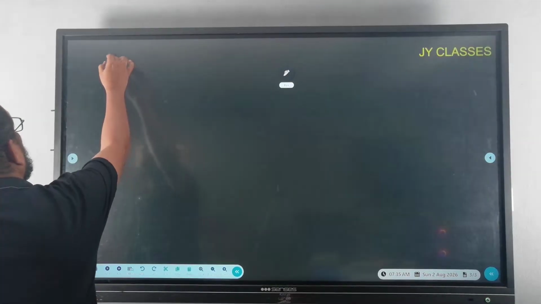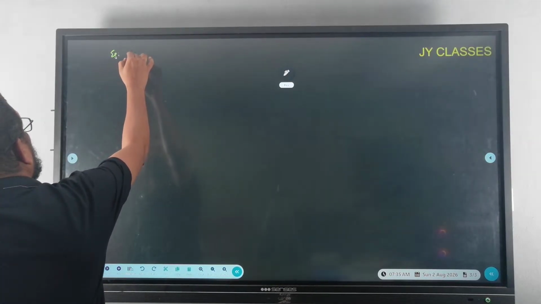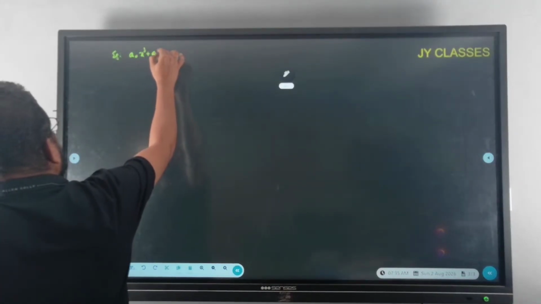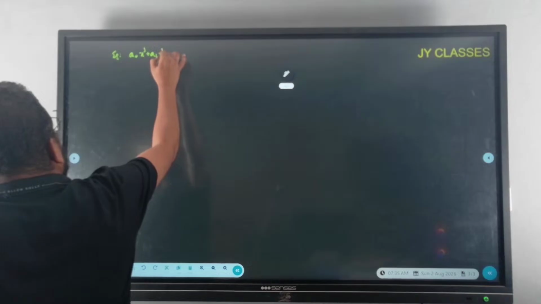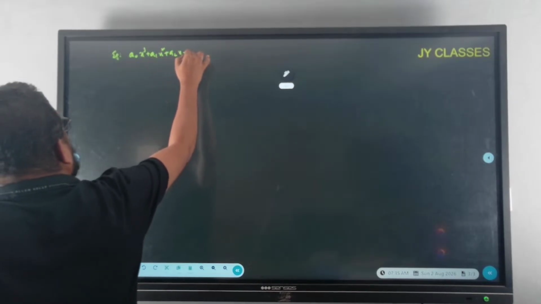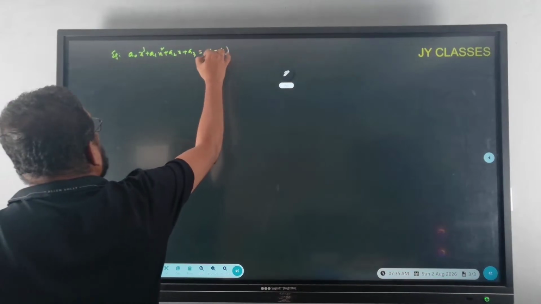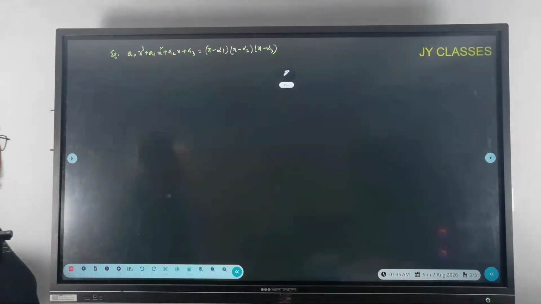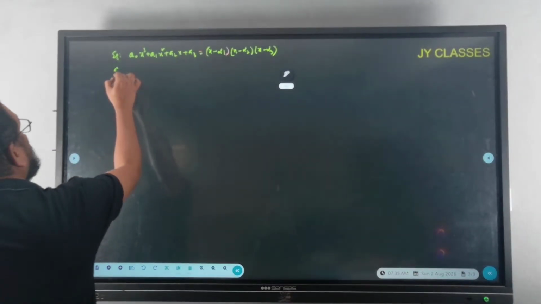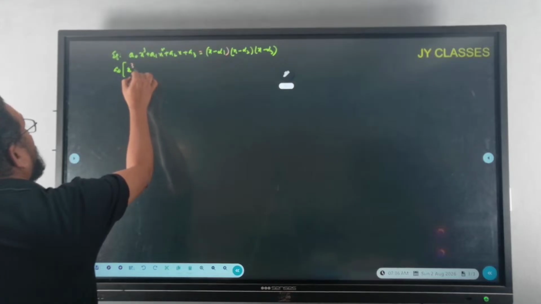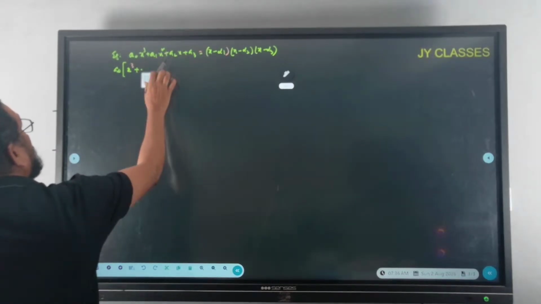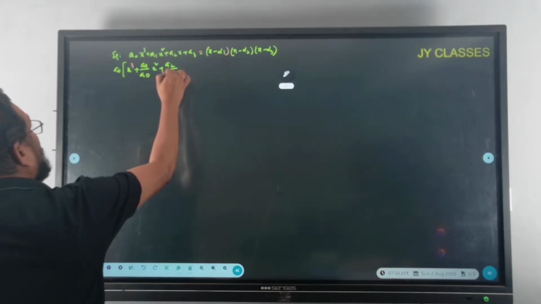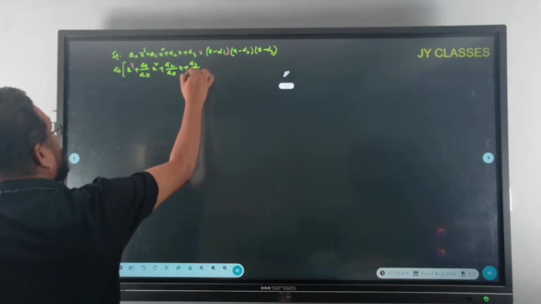Now see, for example, a naught x cube plus a1 x square plus a2 x plus a3 is equal to x minus alpha 1 into x minus alpha 2 into x minus alpha 3. Now compare this and let us see what comes. Taking a naught as common: x cube plus a1 by a naught x square plus a2 by a naught x plus a3 by a naught.